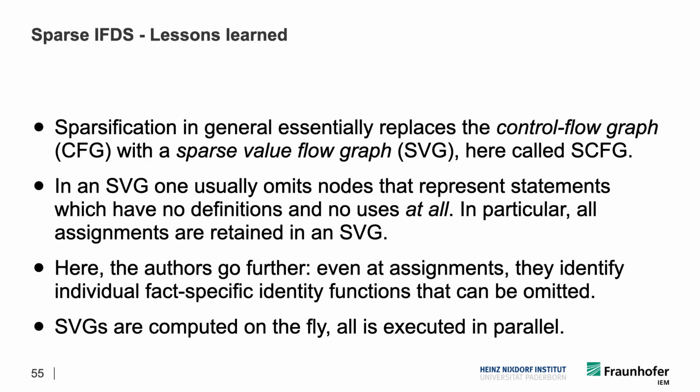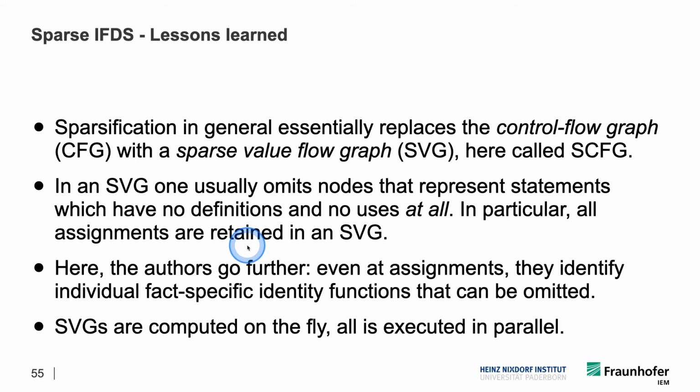For instance, if you have an if-then-else branch that is totally irrelevant to a given data flow, then it will not occur in this graph. Hence, I think the term SCFG is actually a bit of a misnomer. Other papers use the term sparse value flow graph, and I think that's more appropriate.